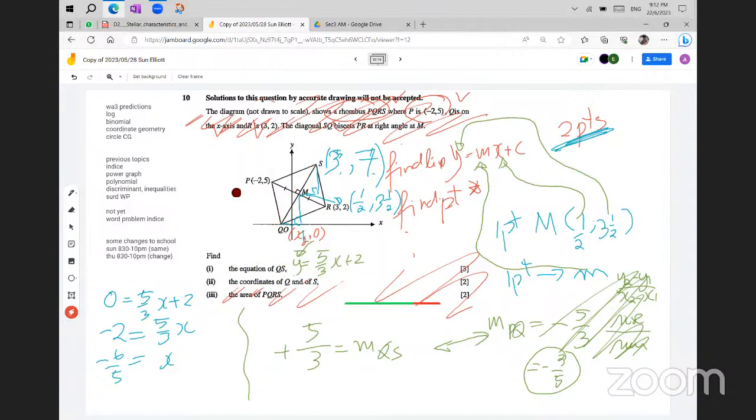Find the line of the gradient. Okay, find a line. So did you use Q and S to find QS? No. Okay, good. How do you know? Because the question is structured that way. The question is find QS first, then go and find Q and go and find S. So actually QS cannot be used to find QS. Make sense? Yes.